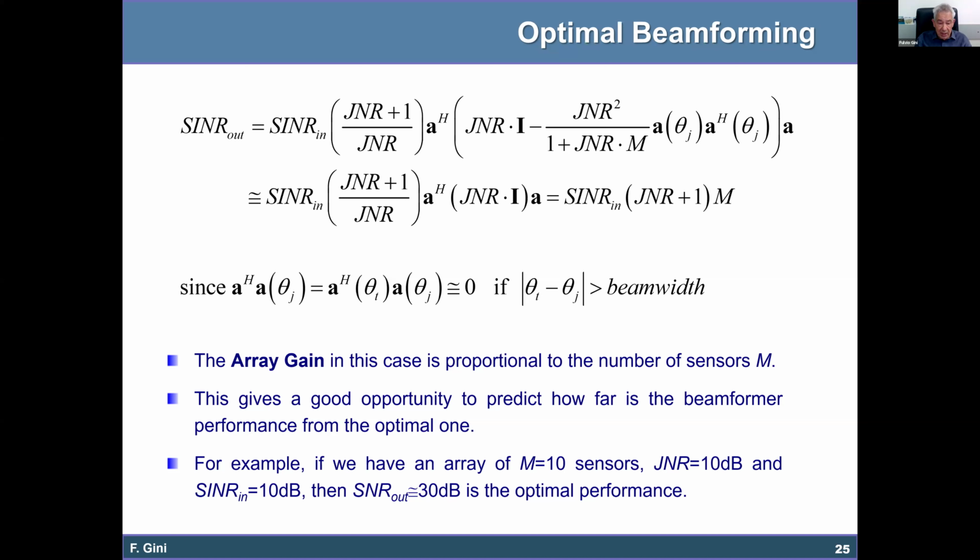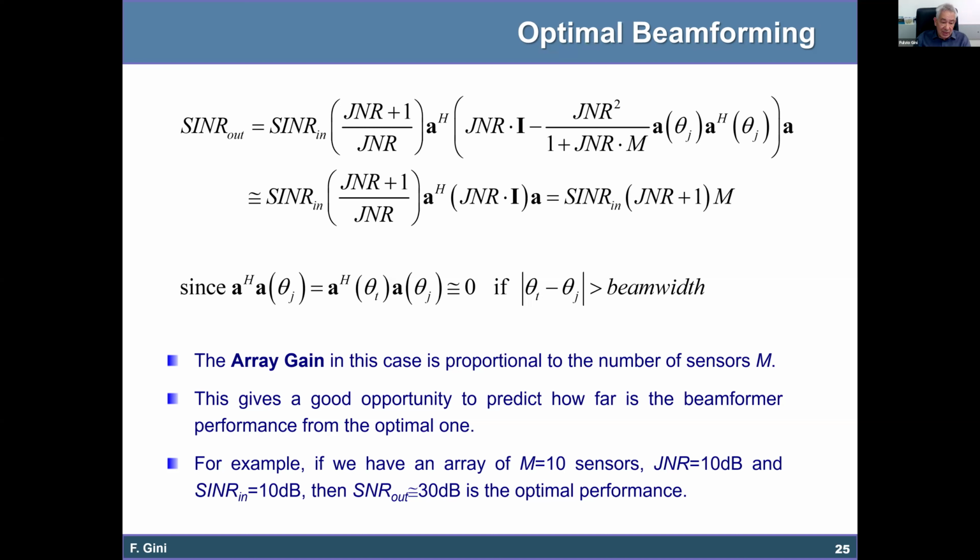When you multiply, the overlap is only in the side lobes, so the result of the product is negligible, almost zero. So this second term disappears, and this is the result. The array gain is the jammer to noise ratio plus 1, multiplied by M. So we find a very interesting result.